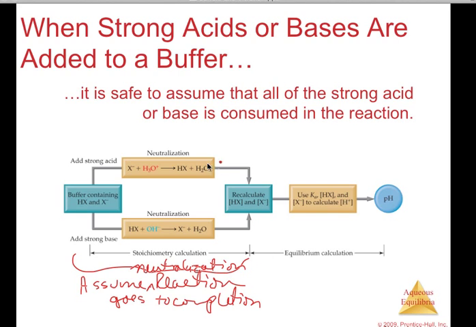Okay, so you have your initial concentration of your acid and your base, the anion. You have a neutralization with an acid, or a neutralization adding a strong base. Recalculate what you have in the solution after that neutralization occurs. Then you're going to use your equilibrium calculations to calculate what the new pH will be.